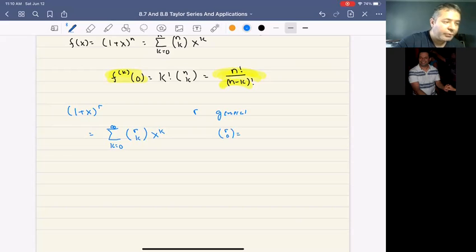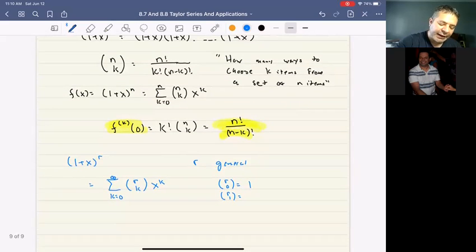Now, we do know a few. R choose 0, we're going to go ahead and define that to be 1. R choose 1, we're going to define similar to how we defined n choose k. Let's do it for n choose 1 first. Well, no, sorry, r choose 1.